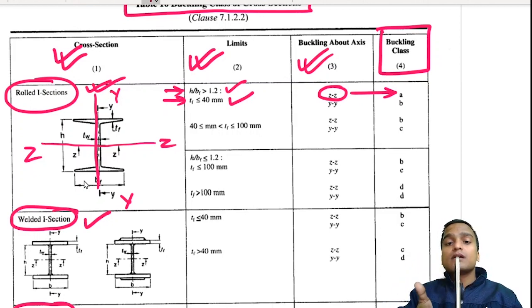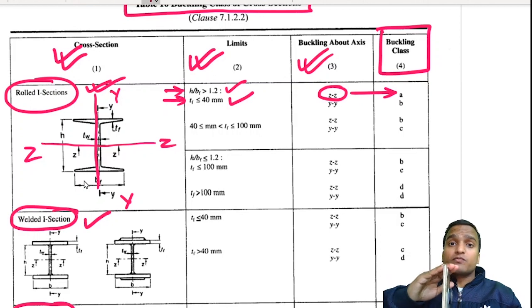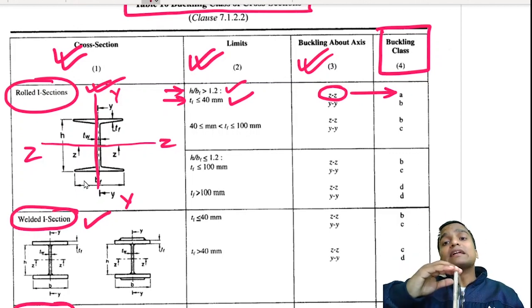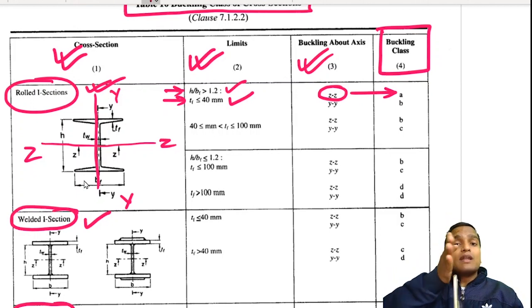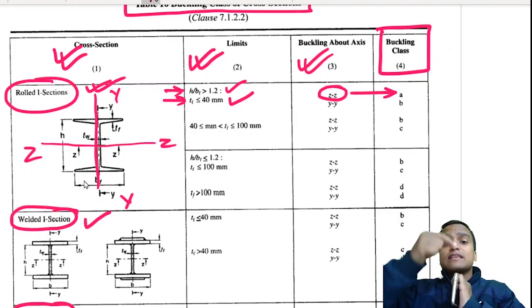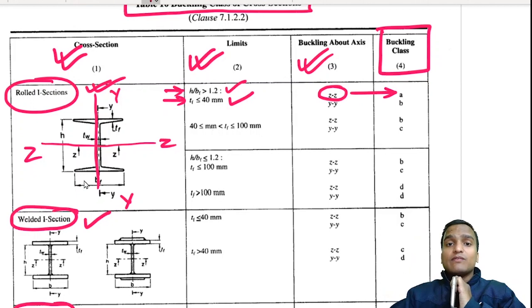But if we apply a very high compressive force, then it may be possible in some cases, if it is slender, that it may buckle like this. You see this? So there are two axes. One is this axis, this is the YY axis, and one is the ZZ axis.